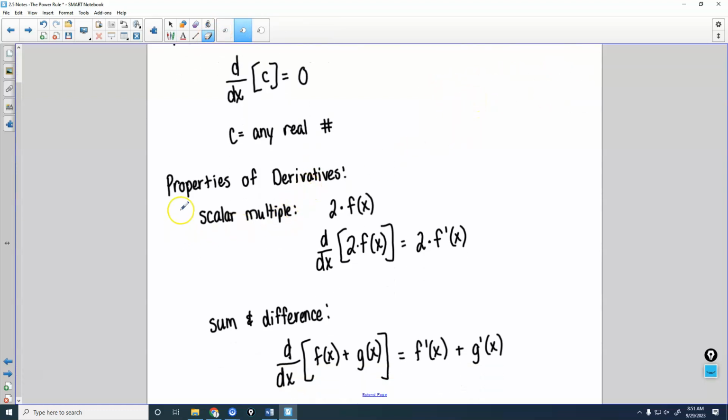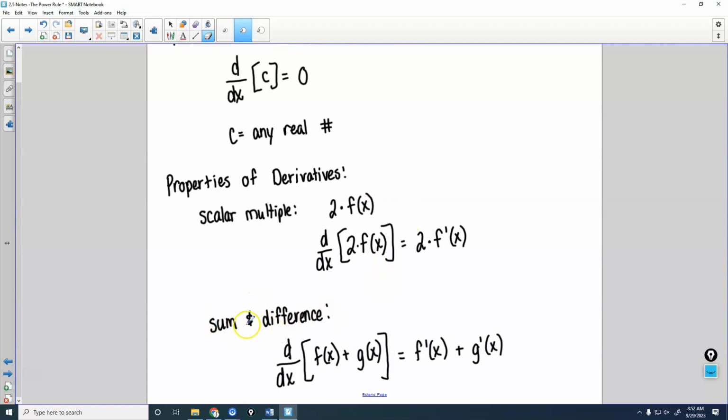If you have some more properties of derivatives, if you have the derivative of 2 times f of x, it's just going to be 2 times f prime of x. That scalar multiple just stays out front. This was similar with limits. If we were doing a limit of 3 times some function, we just did 3 times whatever that limit was.